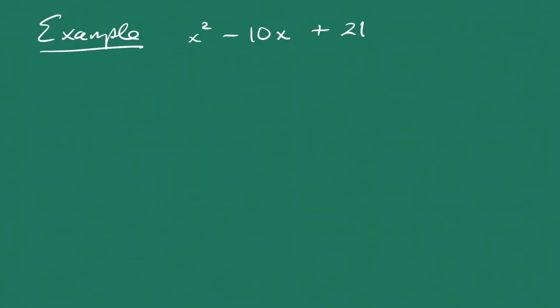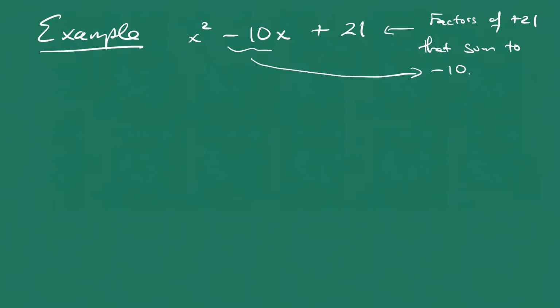And now let's look at one more case where we have x squared minus 10x plus 21. So again, what are we looking for? We need factors of positive 21 that sum to negative 10. Now here our coefficient for x is going to be negative 10.